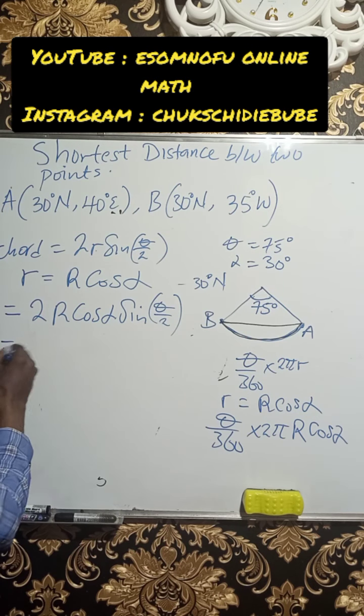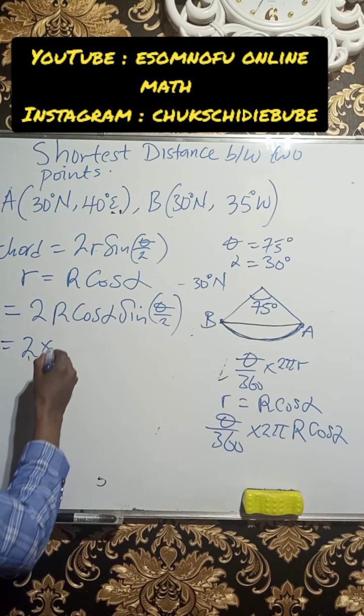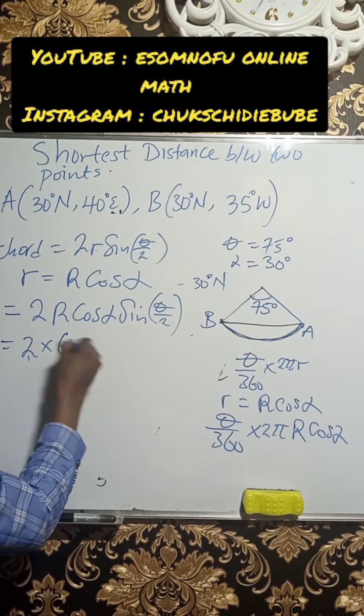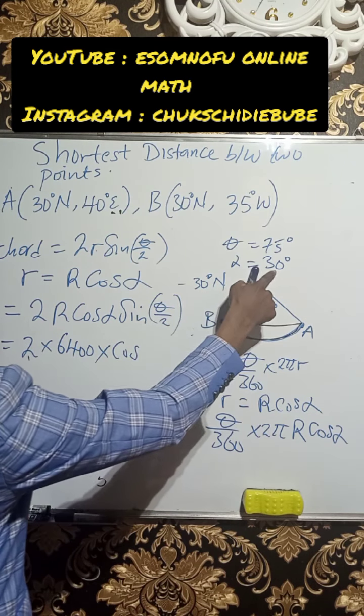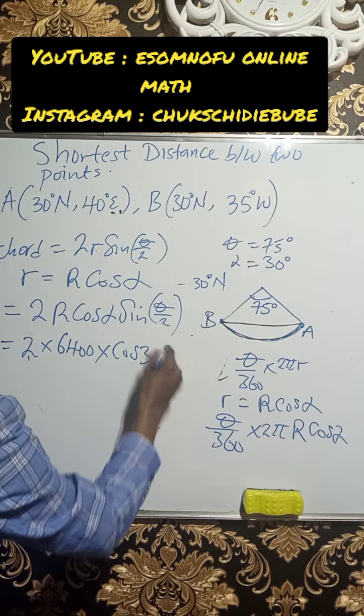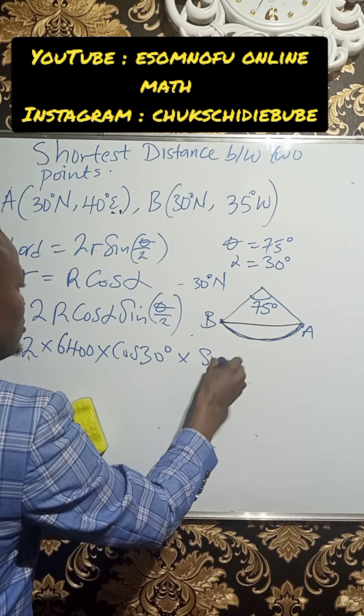And what is my R? Capital R is the radius of the Earth, which is around 6,400 kilometers, times cos alpha. I told you that alpha is 30 degrees. Then times sine theta over 2.